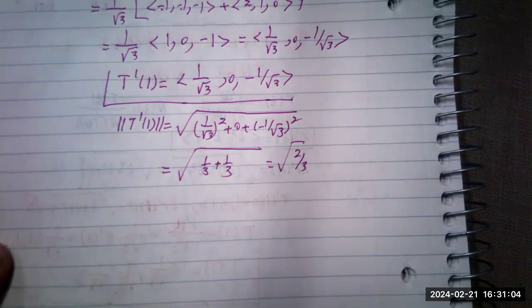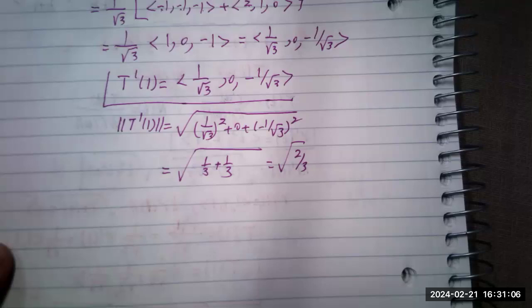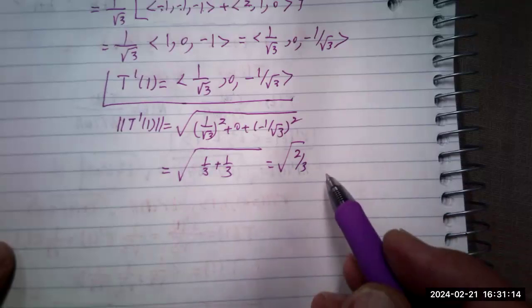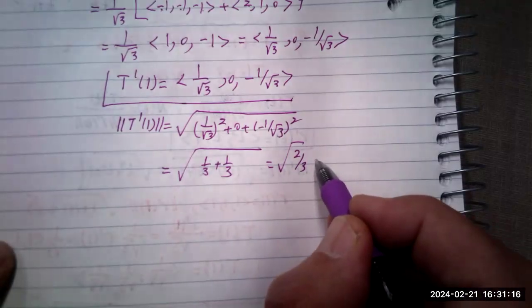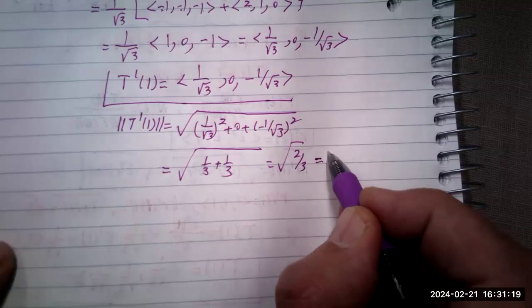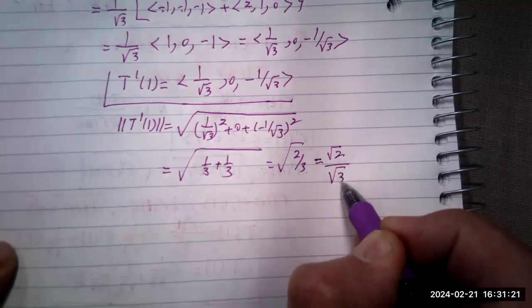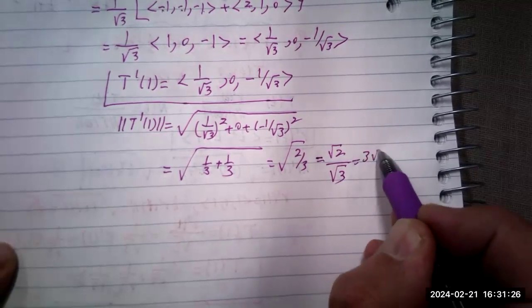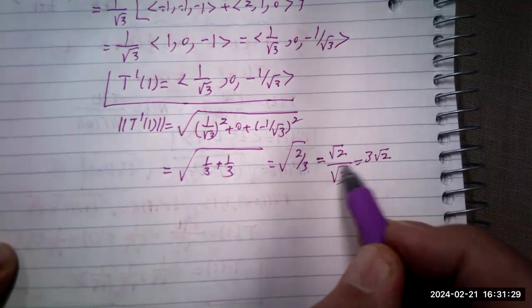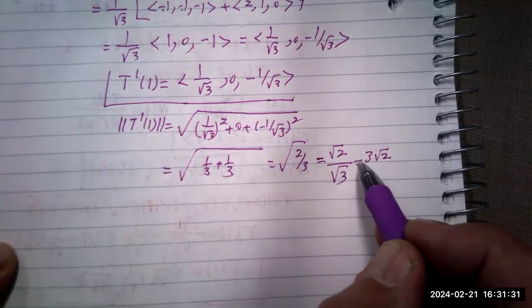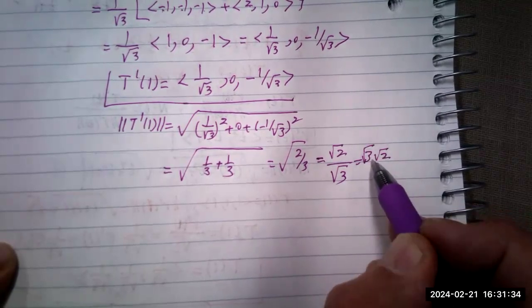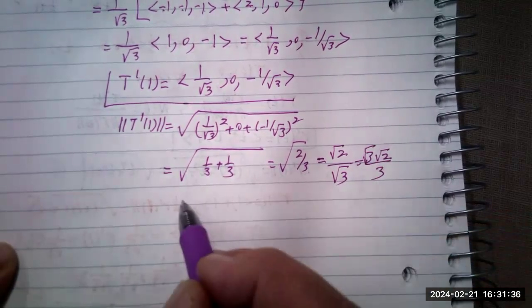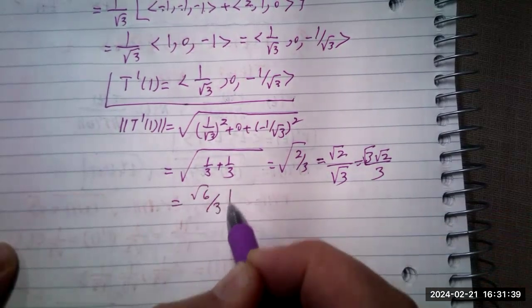You can write that as radical 2 over radical 3, whatever you like, because you have to get a number out of these. Or it's going to be radical 3 times radical 2 divided by 3, or radical 6 over 3.